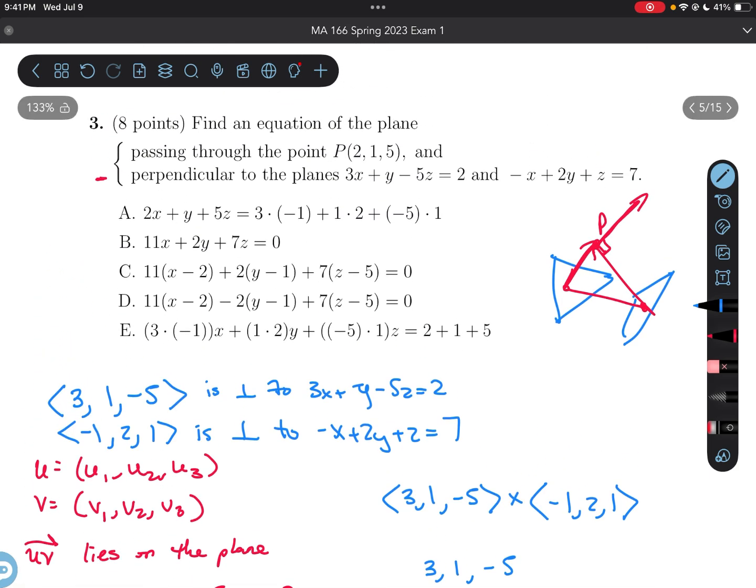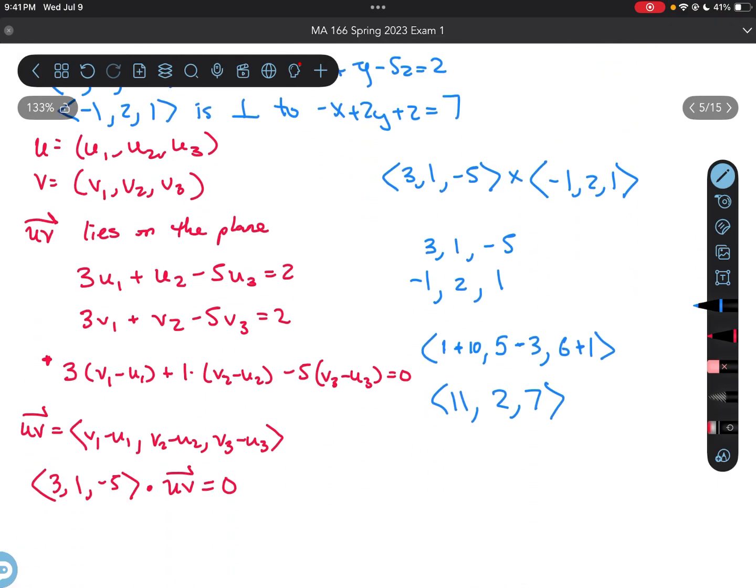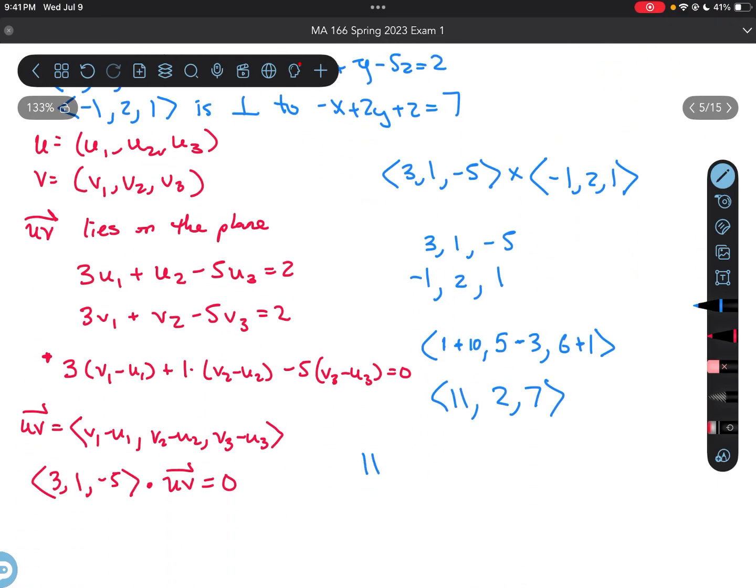It is also the vector that is perpendicular to the plane that they are asking us to find in the question. The last piece of information I need to use is that 2, 1, 5 lies on the plane in question. So we're going to have something of the form 11, 2, 7.